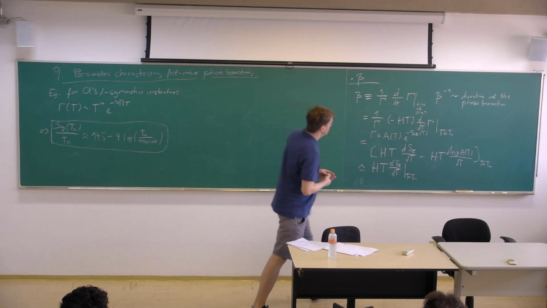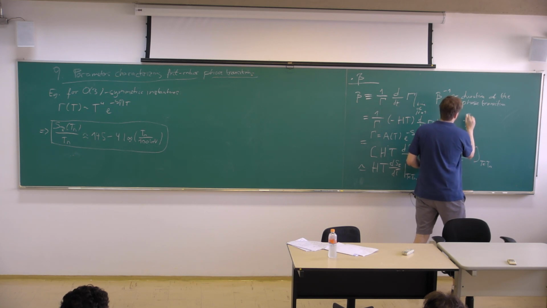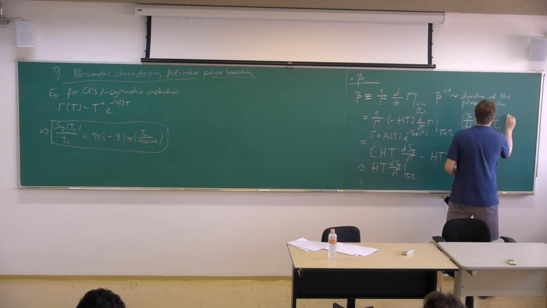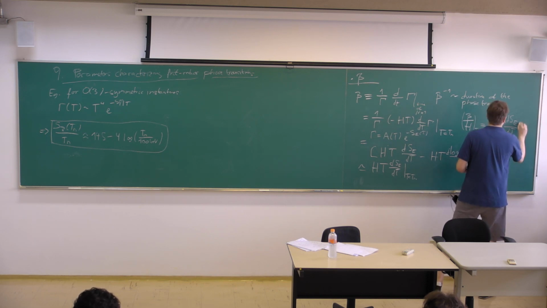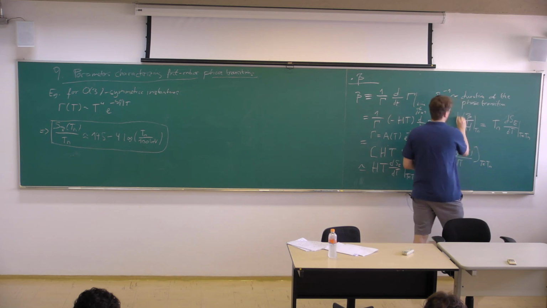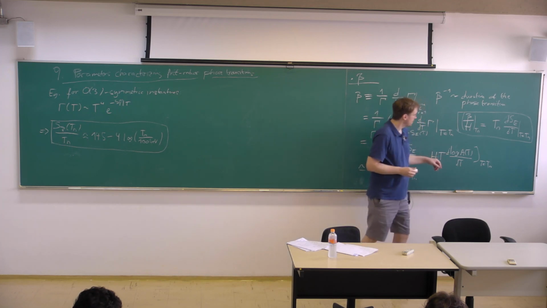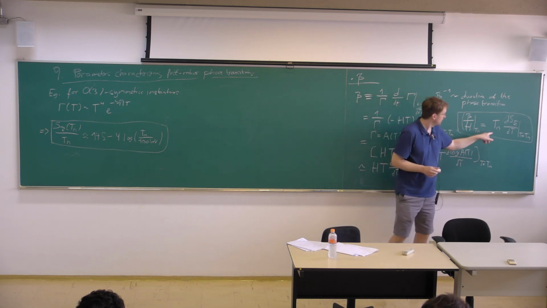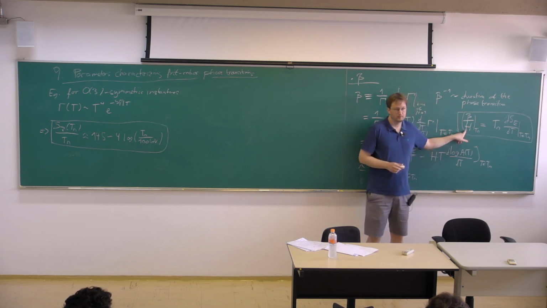Okay, it's a bit more useful to write this in a slightly different way. So beta over H at Tn. One thing you can maybe learn from this if you calculate it: beta over H is a dimensionless number, and in all situations that we consider this will be larger than 1.